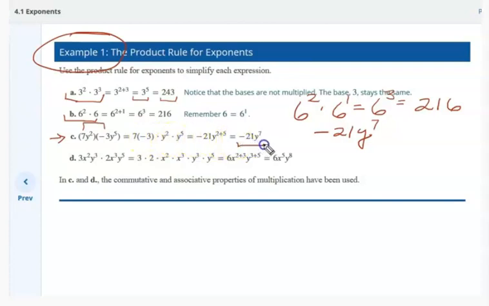And then this is the answer. And then the last one for letter D, you're going to go 3 times 2 is 6. X to the second, x to the third gives you x to the 5th. y to the third, y to the fifth gives you y to the eighth. All right, I think something relatively simple. Again, this is referred to as the product rule.